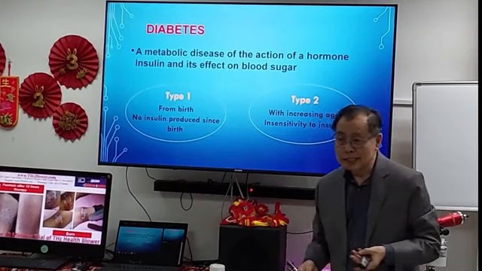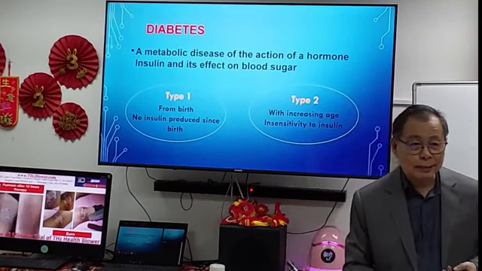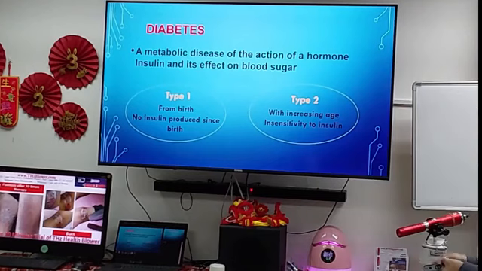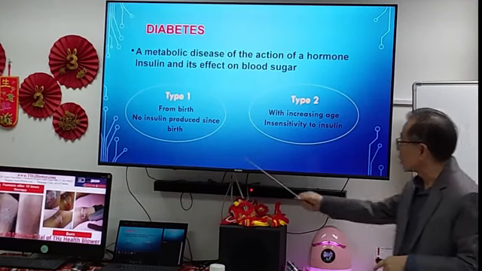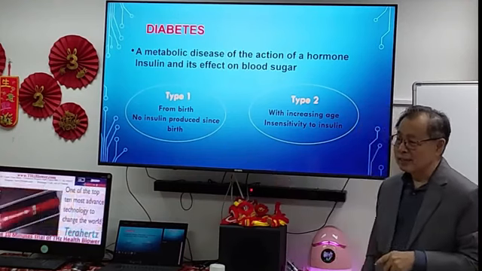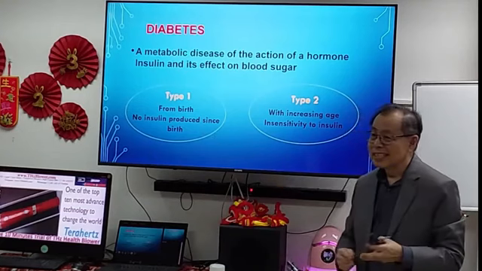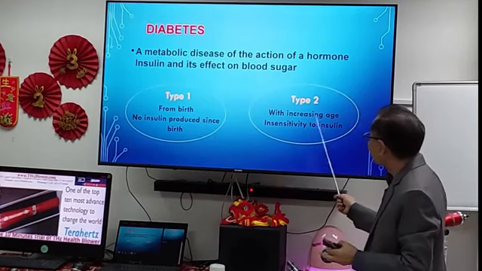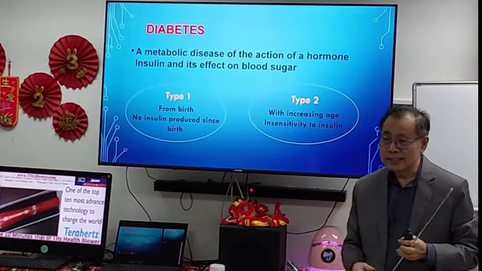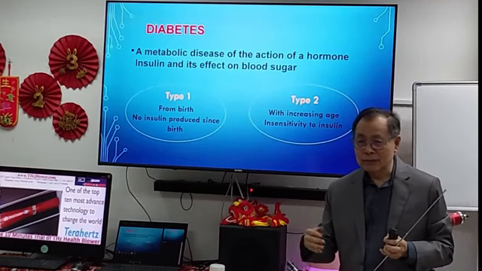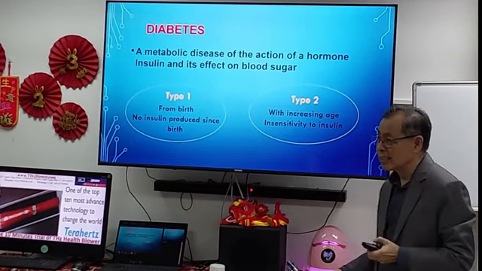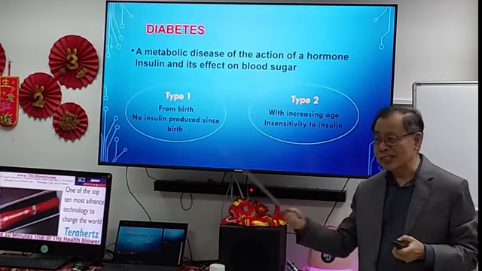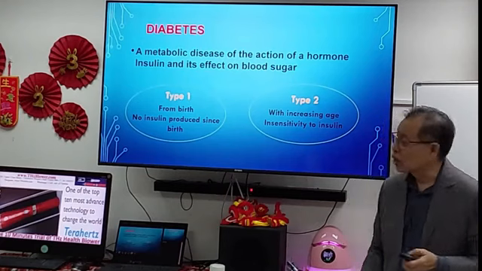So now we talk about diabetes. What is diabetes actually? It's a disease of the action of a hormone and its effect on blood sugar. The two types: one is from birth you don't have it, called type 1. Number 2, as you get older, your body fails to respond to insulin, or insulin insensitivity, or insulin resistance. That's what it's called.